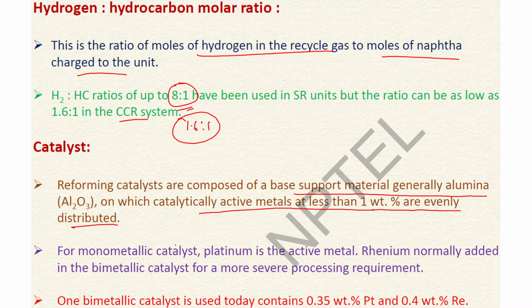So these active materials are used in a very small amount, and not only expensive, they are highly active also, so a smaller amount works for very good results. Okay. In a monometallic catalyst, platinum is the active material, and if bimetallic, along with the platinum, rhenium is normally added for a more severe processing requirement. One bimetallic catalyst used is 0.35 weight% of platinum and 0.4% rhenium.